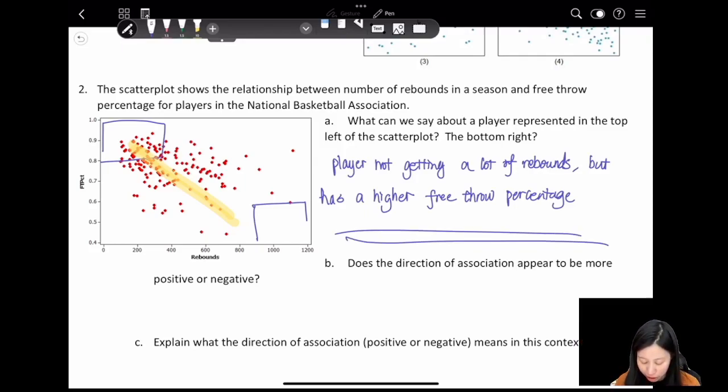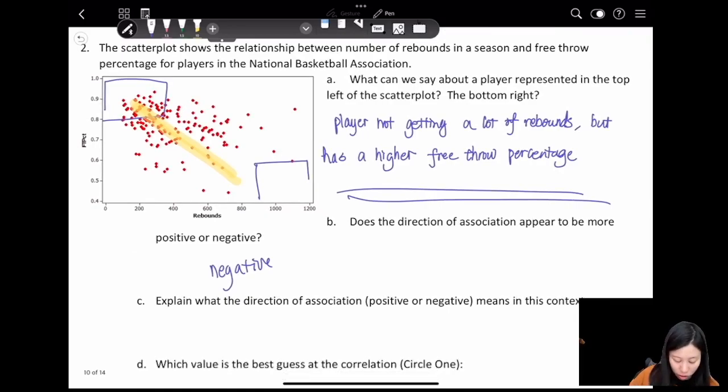Okay, part B. Does the direction of the association appear to be more positive or negative? Well, it's going down. We identified that, so it's negative. Explain what the direction of association means in context.